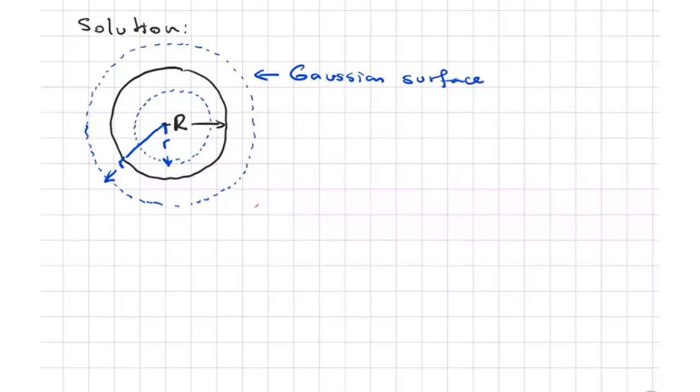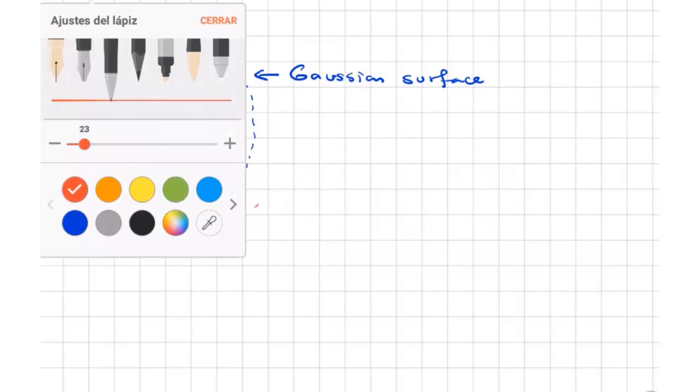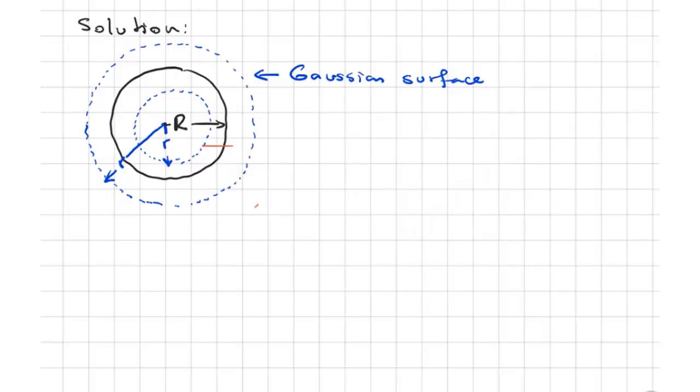So what happens is that because this situation is spherically symmetric, the electric field at every point is going to be radial. So the electric field at this point is going to be radial, right here, radial.